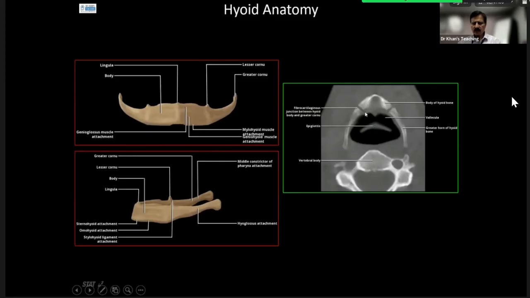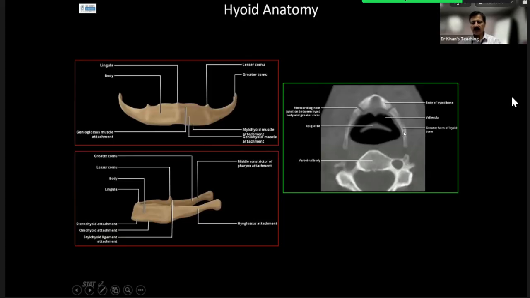Key point to remember is that there is a fibrocartilaginous junction here between the body and the cornu, and this will appear as a lucency. Don't get confused that it is something more than that. In many of the cases, there will be ossification here, so you might find a complete hyoid bone. Again, don't get confused.